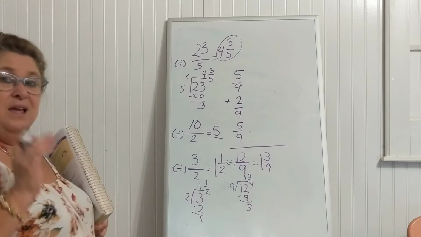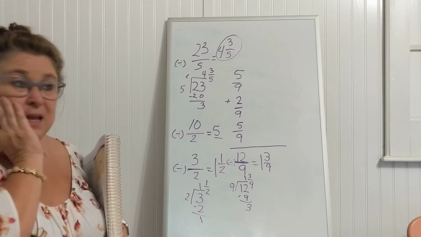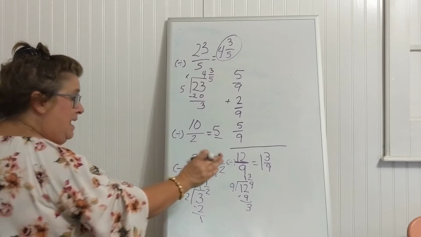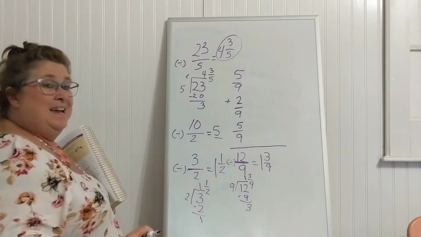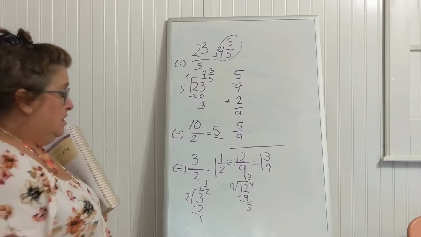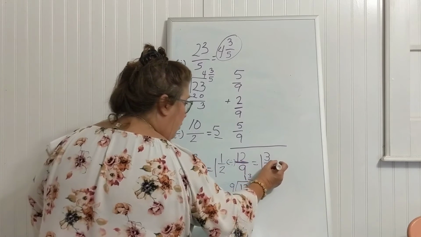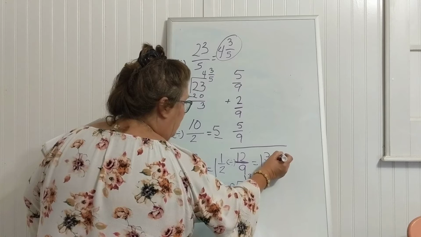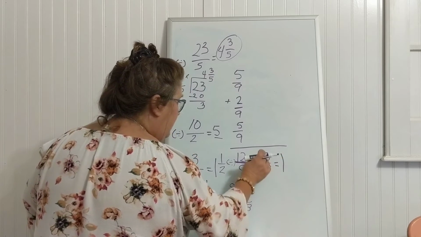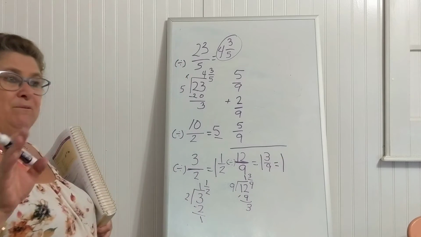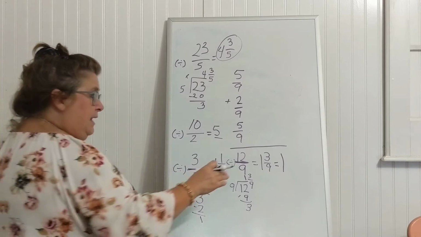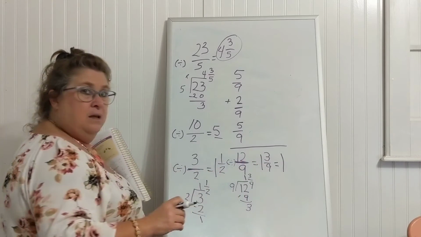But guys, we can't be done yet because look at our fraction 3/9. 3/9 can be reduced. So now we're going to have to say 1 and 3/9 equals 1 and, we have to find our greatest common factor for 3 and 9. Can we count by 3's and get to 9? We can.